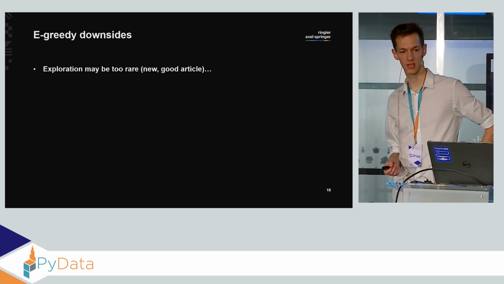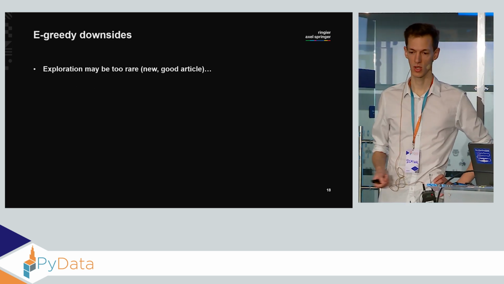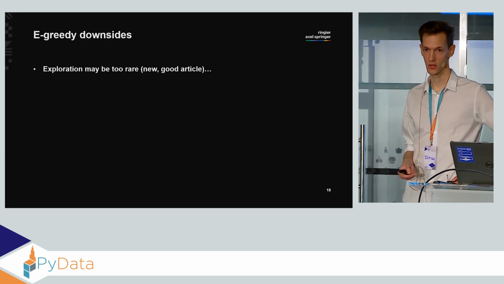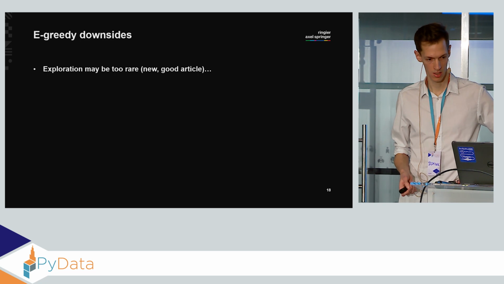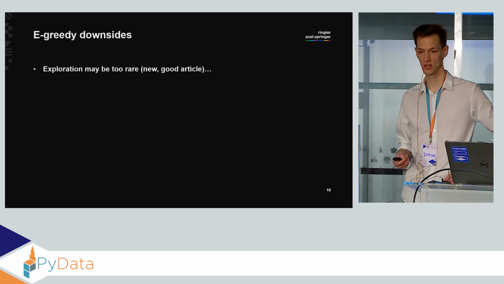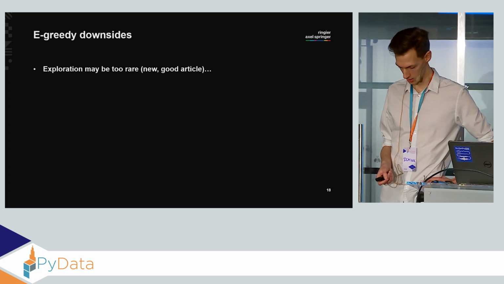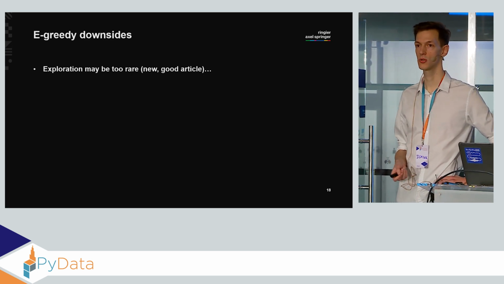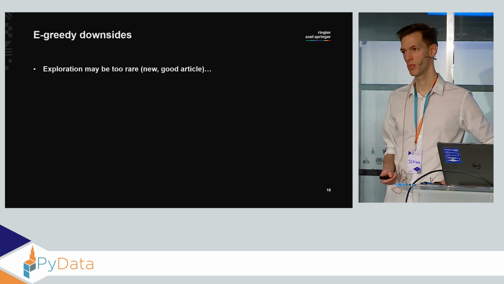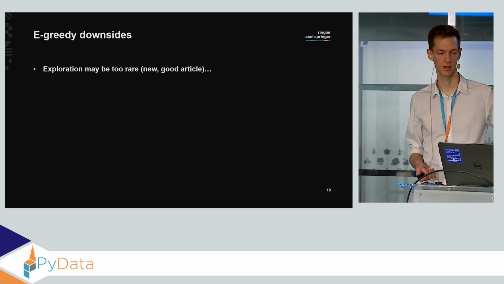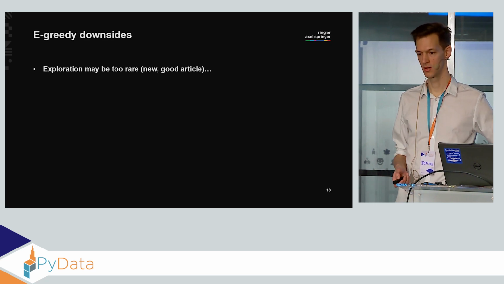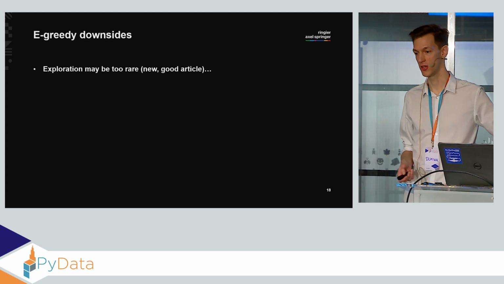Epsilon greedy, as you can see, is quite a simple approach, and therefore it comes with a number of disadvantages, which will be shown by two scenarios. First, imagine that we have a new article entering the content pool that we want to explore very intensively in the beginning, because we know that it's, for instance, a very important event that has happened, and we want the user to see it very often.